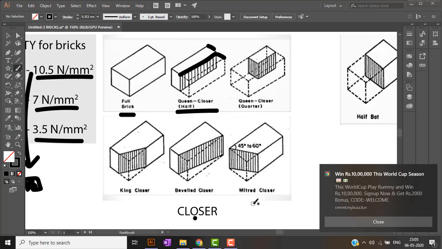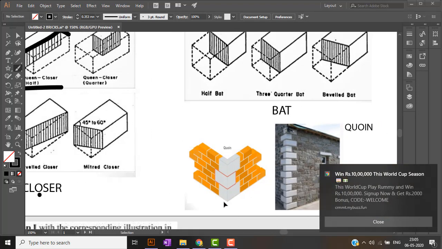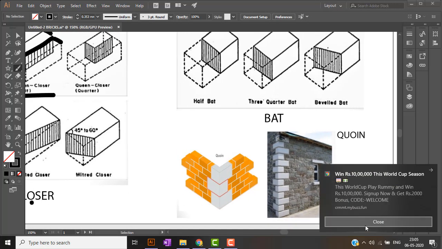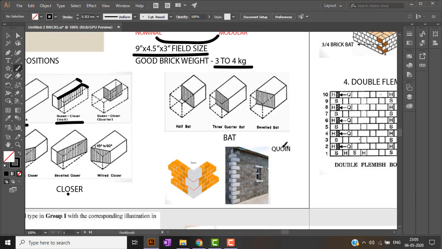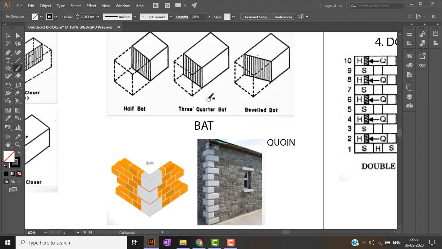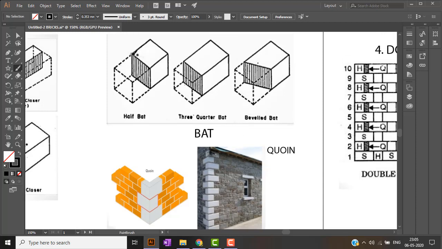Now look at bat. If a brick is cut according to its width, like this is the width, it is known as a bat.